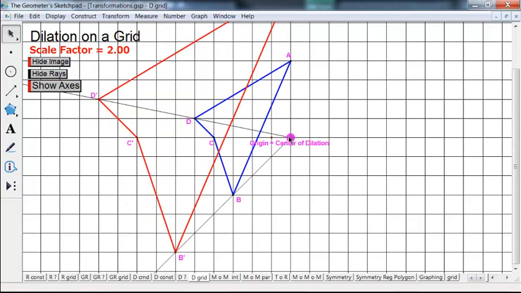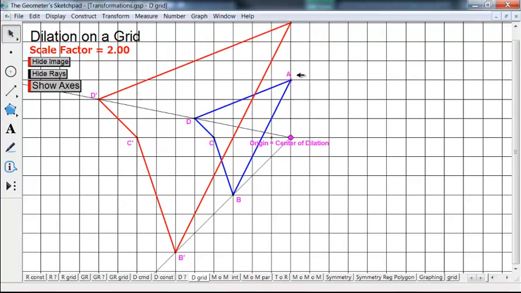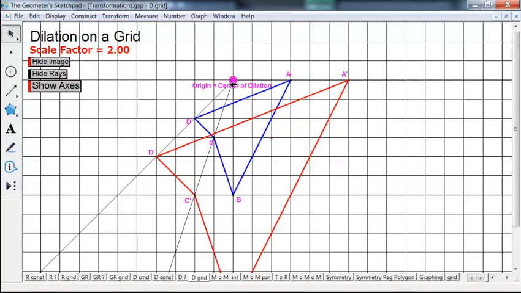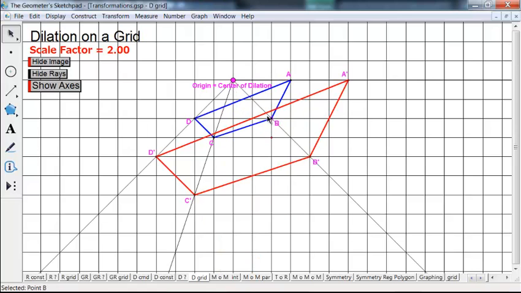What if I put the point on a side? There we go. What if it's outside the figure? There's another example.